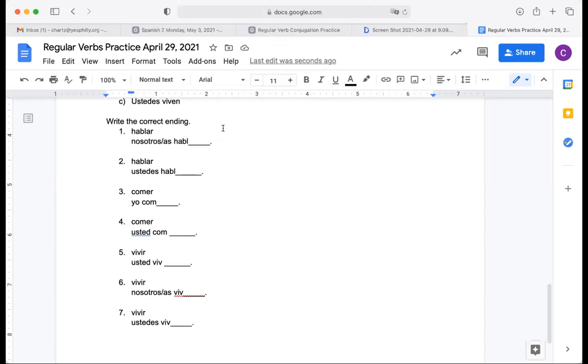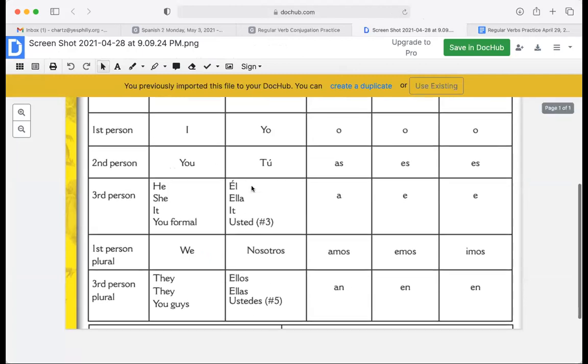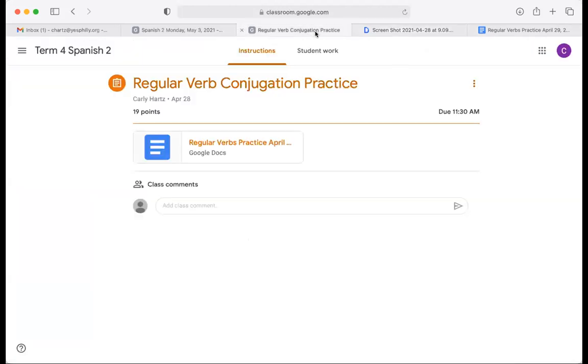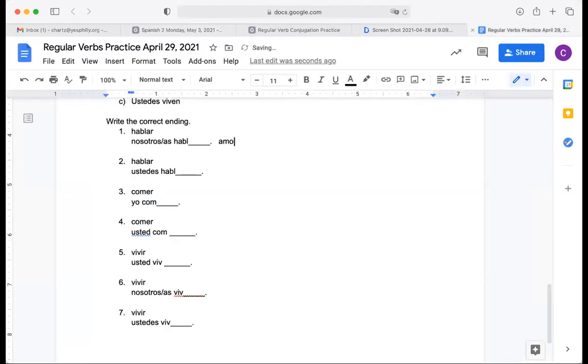Anybody want to guess? No? Well, let's go to our chart here. We're going to use AR verbs right here. Let's go down to our subject, which is nosotros. Remember, it's going to be an amos ending, so it's AMOS. Right?